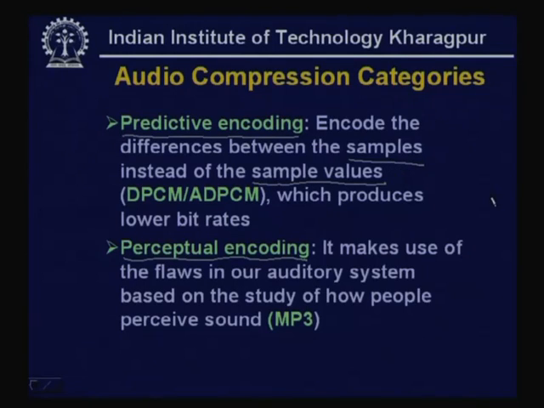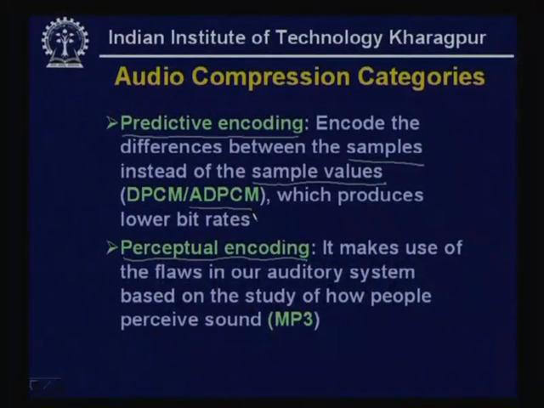And we have already discussed in detail the differential pulse code modulation or adaptive differential pulse code modulation, where the differences between sample values are sent instead of the absolute values, and this leads to a reduction to lower bit rates. So, this is essentially the basic idea behind predictive encoding.